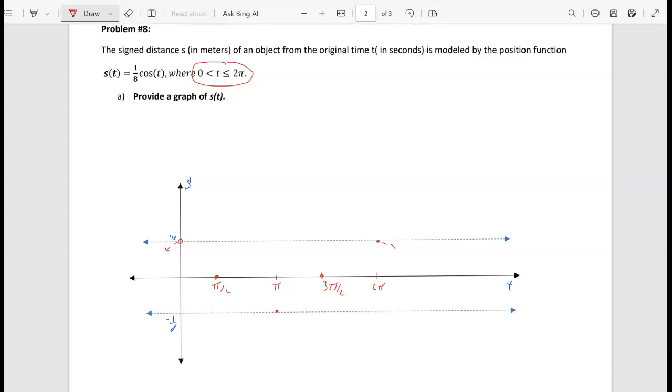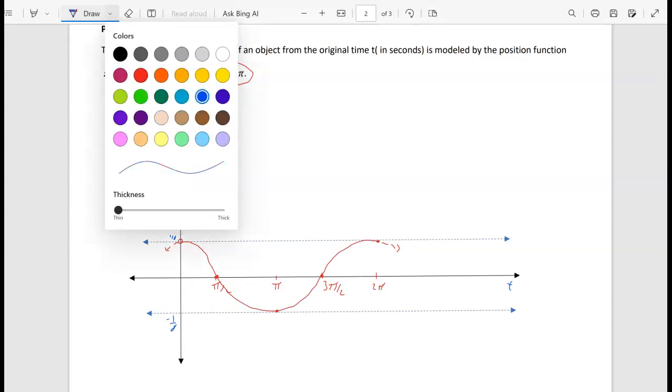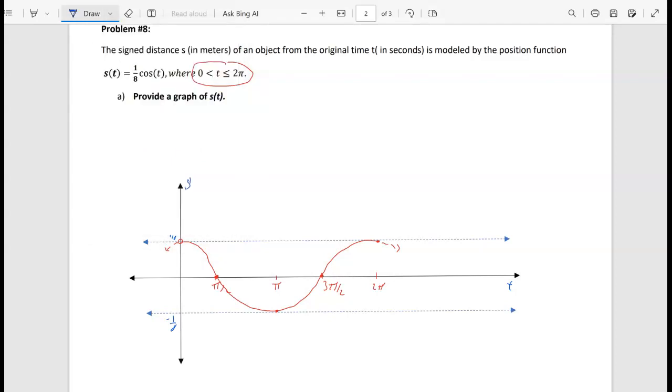Also, let me put the arrow, and then let me attempt to complete the sketch. So our function is going to be doing this, and this is the function s of t, which is the position function, 1/8 cosine of t.